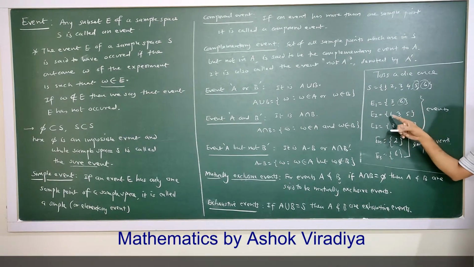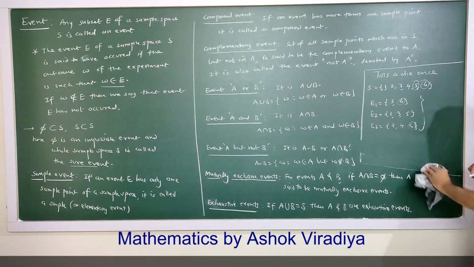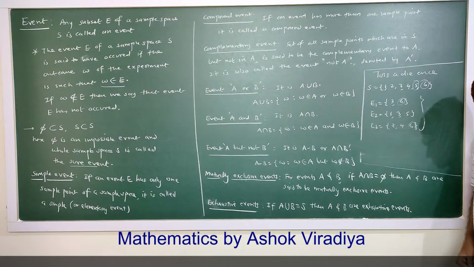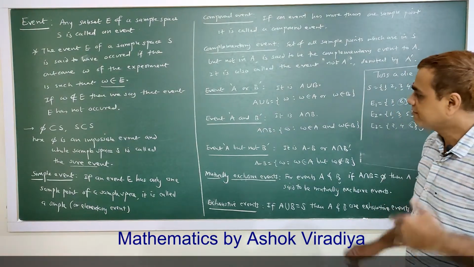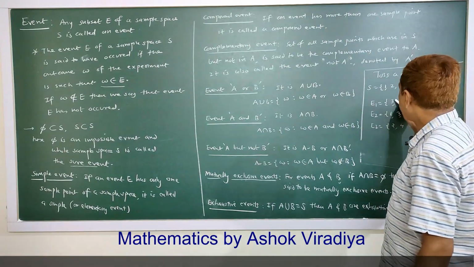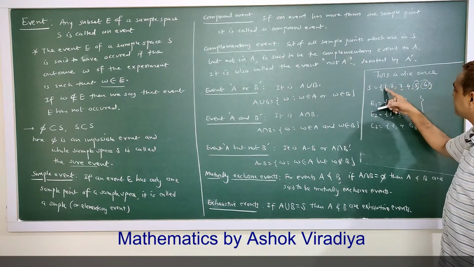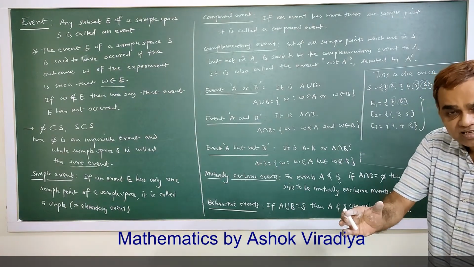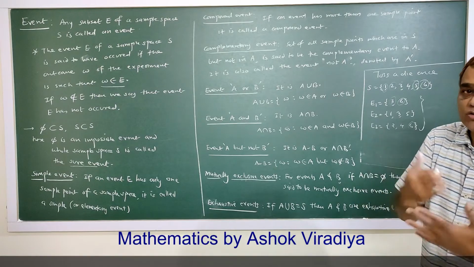This event has more than one sample point. Here for element we are using the word sample point. 1 is a sample point, 2 is a sample point, 3 is a sample point. Sample point means outcome. For every outcome, the word sample point is used.